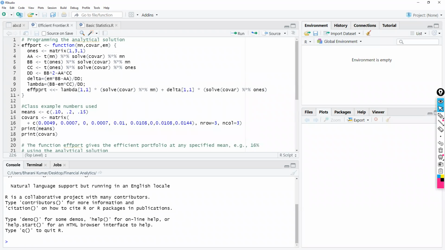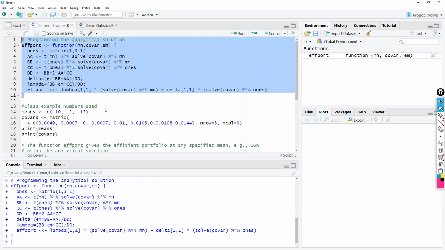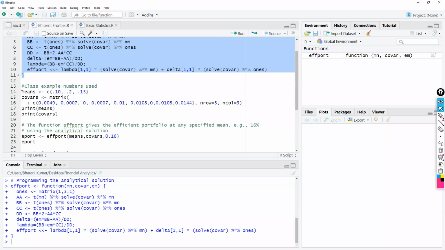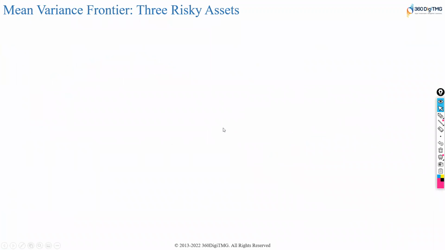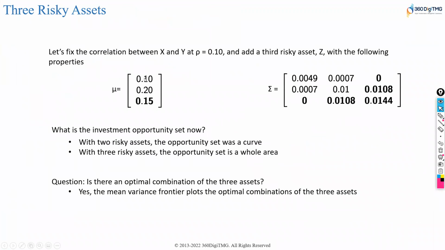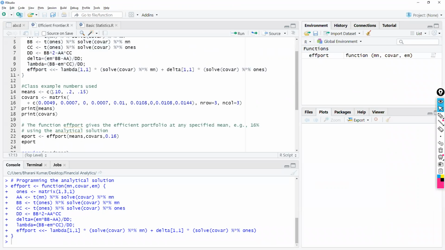This is all your own user-defined function that we are writing. Now, where am I getting these values from? Here. Say you have expected return of X as 12%, Y as 10%, Z as 20%, and C as 15%. That is what you're writing.